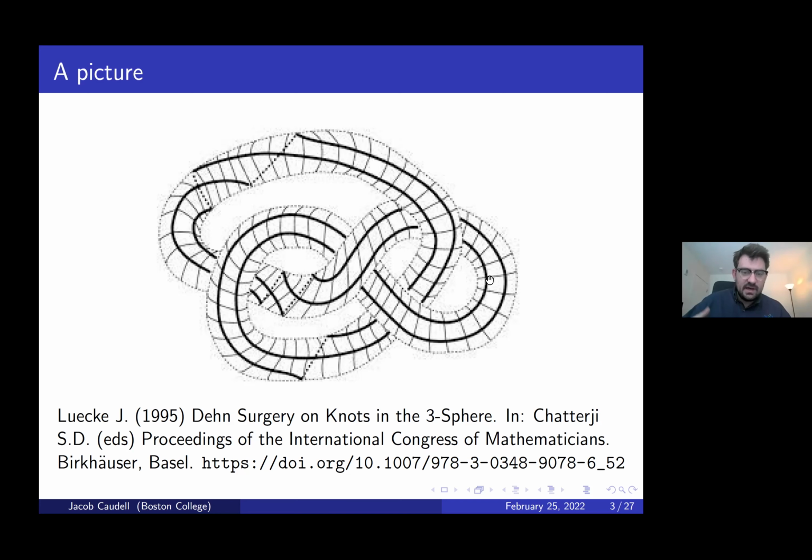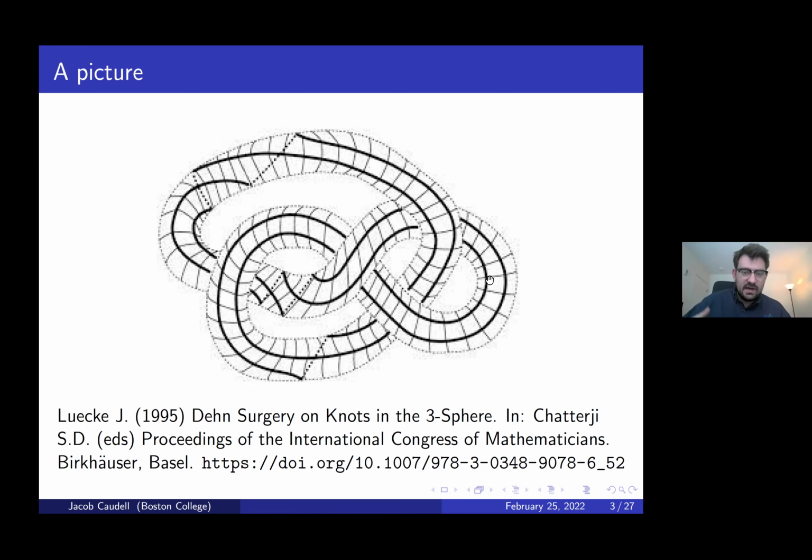And so surgery in this picture means taking the exterior of this knot, gluing a 2-handle or a disc to the exterior so that this black curve is now the boundary of this disc. You're left with a 3-manifold that has an S2 boundary. Cap that off with a 3-ball, and that's the result of Dehn surgery on a knot.